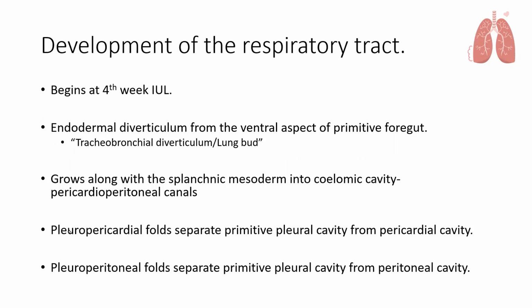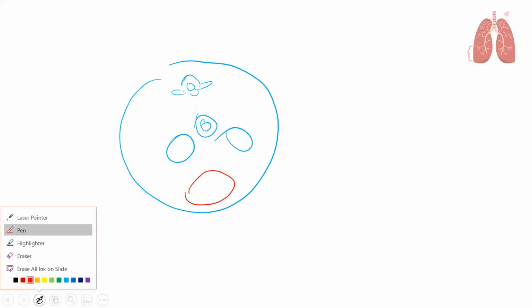Okay, so about the pleuropericardial folds, I couldn't tell you, right? Okay, so if we look at a transverse section, we have the neural tube. We'll take just the gut tube like this, and you have the lungs developing like this. And on the anterior aspect, you have the heart developing.